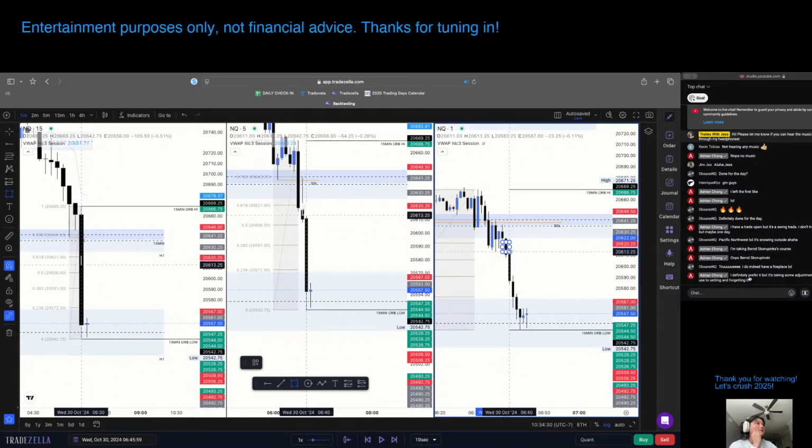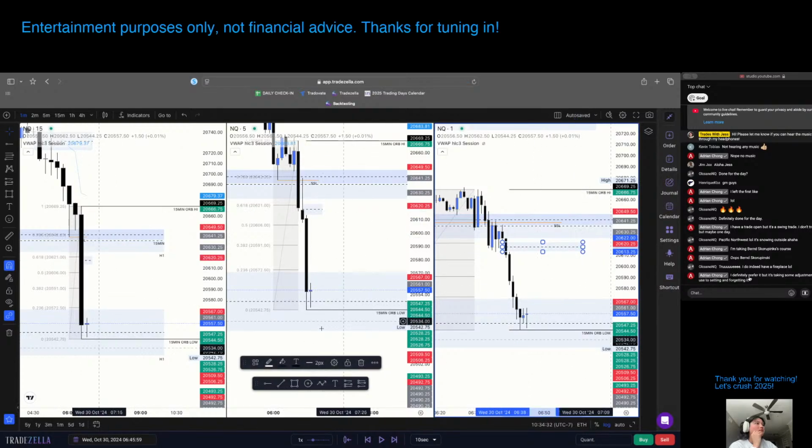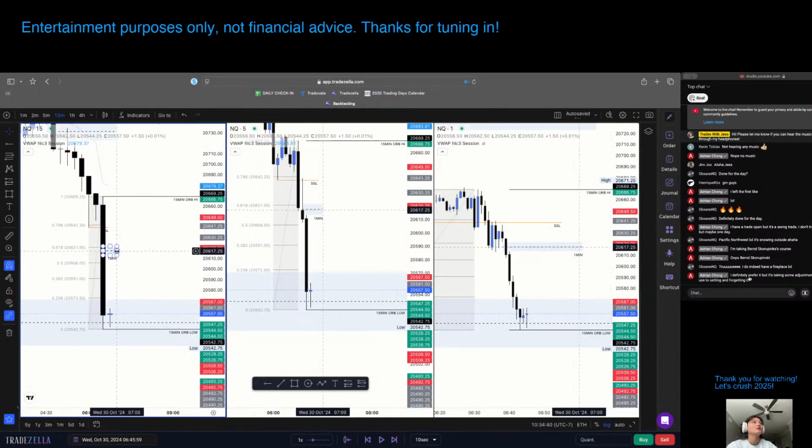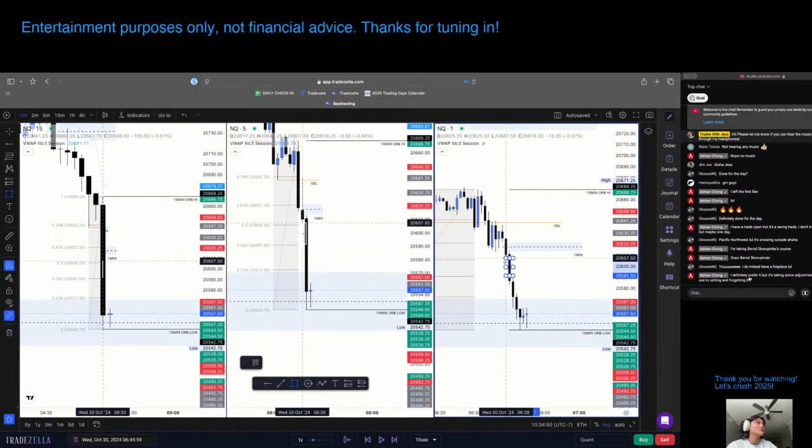This is our first one that was created. So then this 15 has been filled. We're going to take that off. This one has been filled. Take that off. We do have this. There's our 1 on the middle of it, which is right above 50%. And we have this one right here. So I'm going to keep these 2 on here for now and see how we react here.